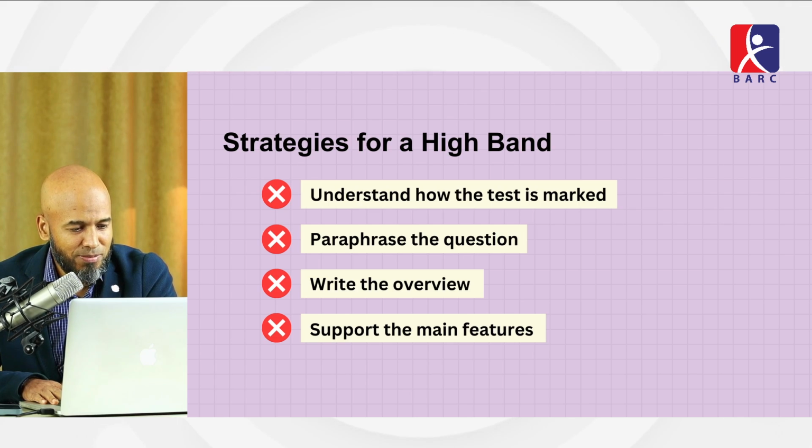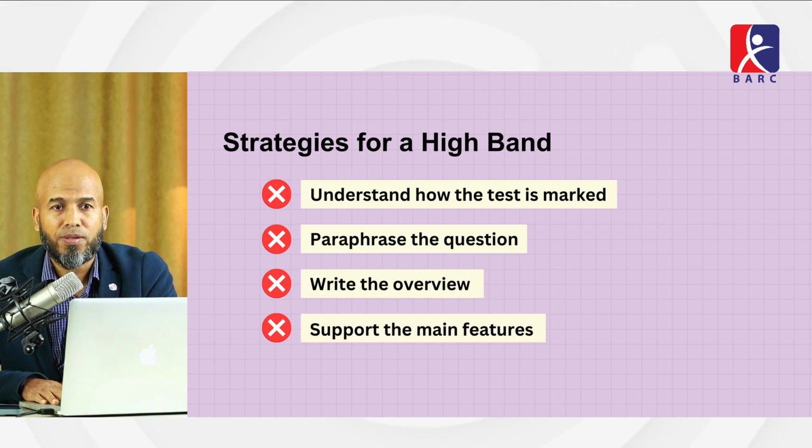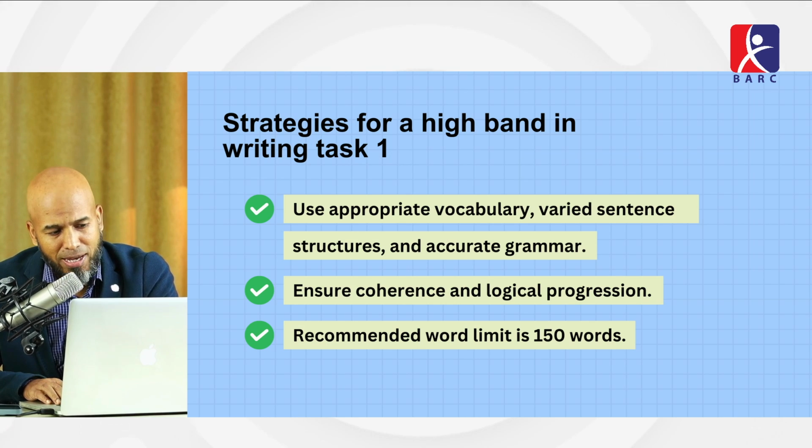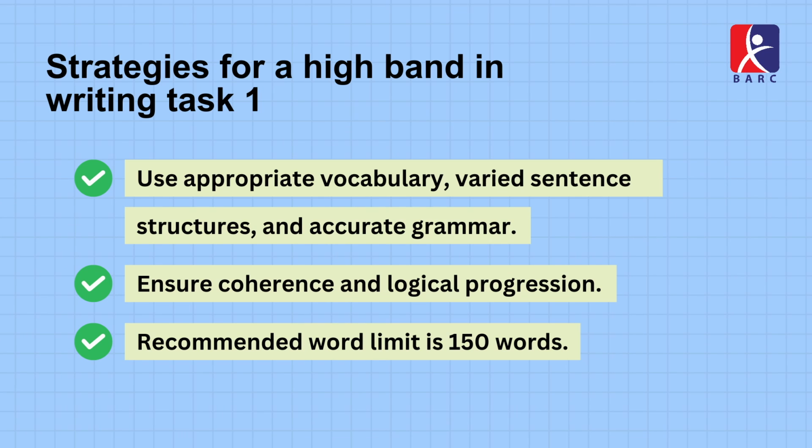Okay? So, my dear friends, strategies for a high band. Understand how the test is marked, paraphrase questions, and of course, write the overview and support the main features. So the strategies for a high band in writing task 1: remember to use appropriate vocabulary, varied sentence structures, and accurate grammar to convey your ideas effectively.